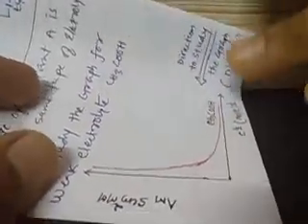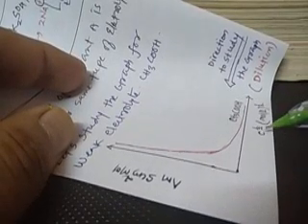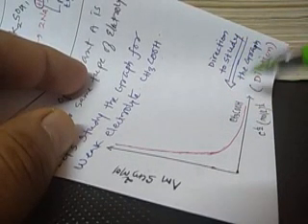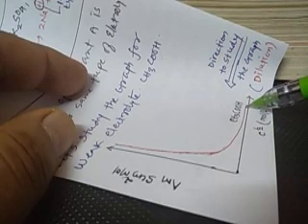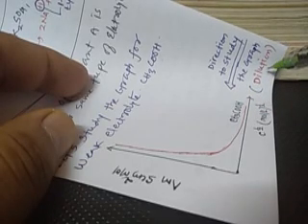Now let us study the graph for the weak electrolyte, my student, that is CH3COOH. Just have a look at this graph which I am going to explain to you. Here you have a graph again for lambda m versus square root of C. The graph we should study in this direction. When you decrease the concentration, or if you add water or the solvent, this process is known as dilution.